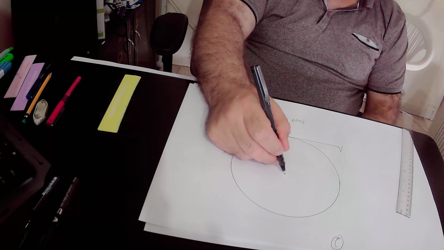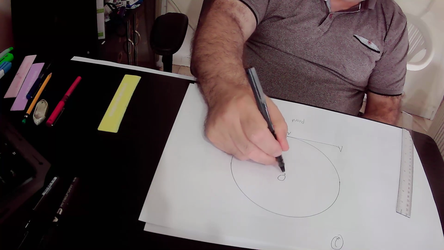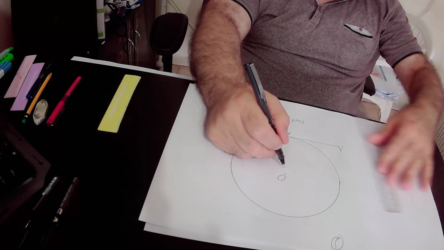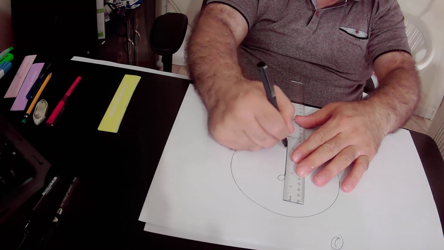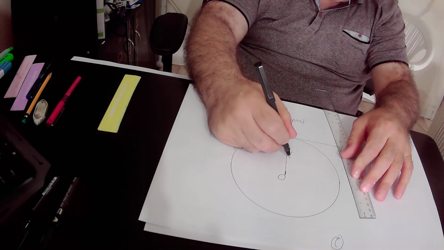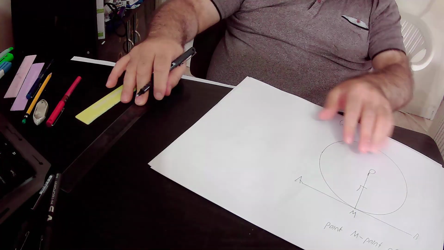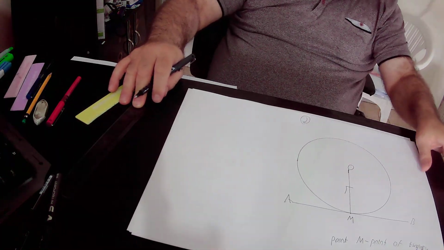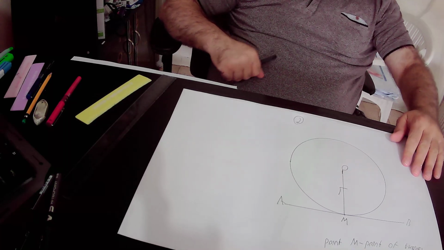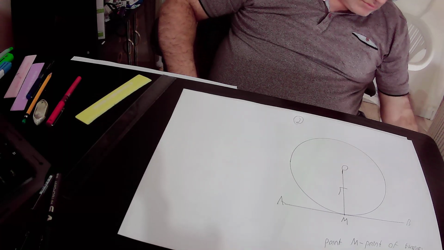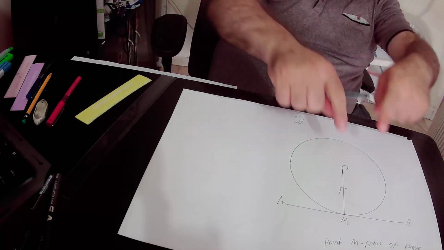Suppose that this is the center of this circle. We will define the center as point O, and from point O we have a radius that touches point M. So this is the radius of the circle, R, and as you can see, the radius OM is drawn to the point of tangency, that is to say, to point M, the point of tangency of tangent AB with this circle.